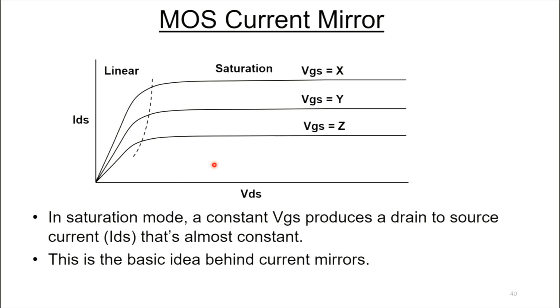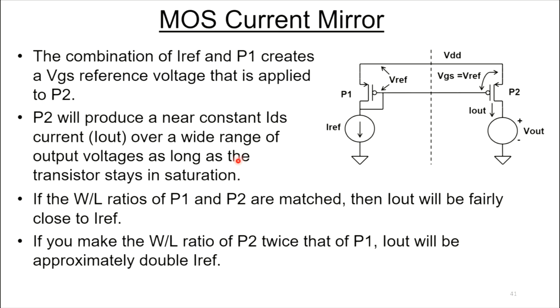You can vary the drain to source voltage all over the place, and you get the same drain to source current for as long as you keep VGS constant. This is the basic idea behind a MOS current mirror.